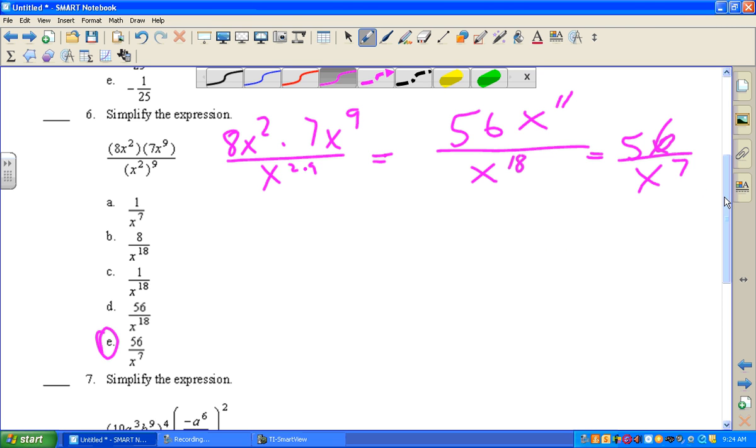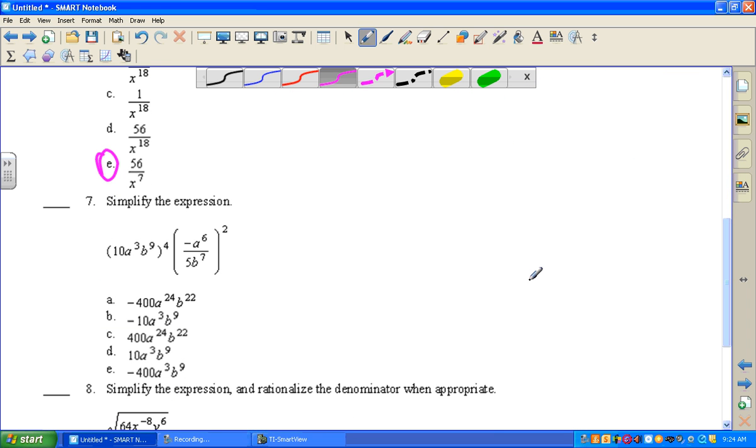Number 7. How do you simplify the expression? Aha! Guess whose turn it is? In the back. All right, you're up. Number 7. You multiply, so the exponents with an A. Yeah.